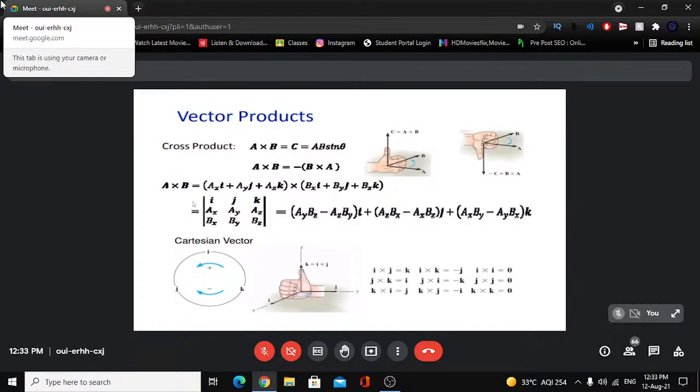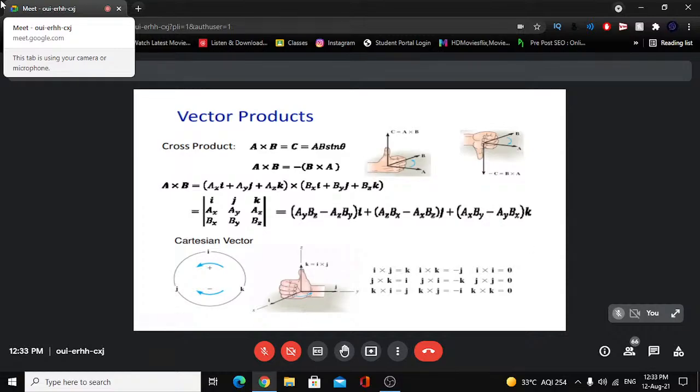In the first row we write i, j, k, and so it becomes a 3 by 3 matrix. Then the second row is ax, ay, az, the first vector, and the third is bx, by, bz, the second vector. Then get the determinant of this, and you get the vector C: (ay bz minus az by) i plus (az bx minus ax bz) j plus (ax by minus ay bx) k.